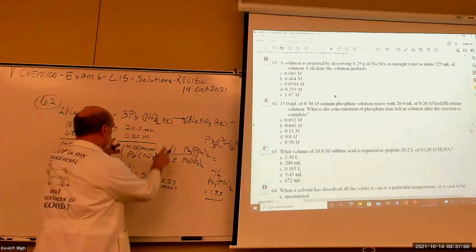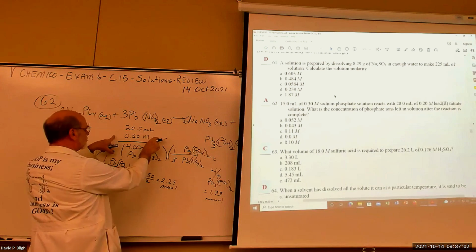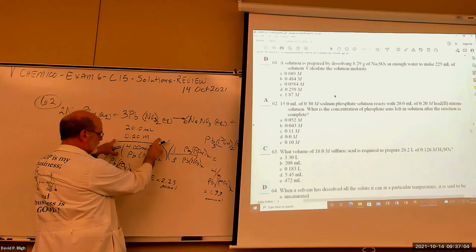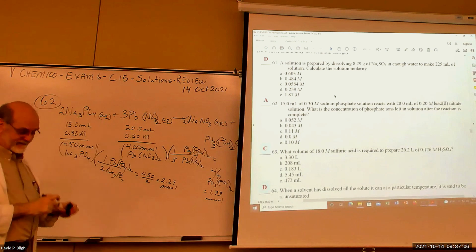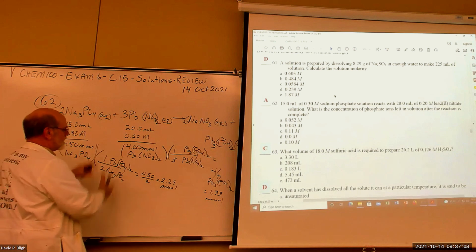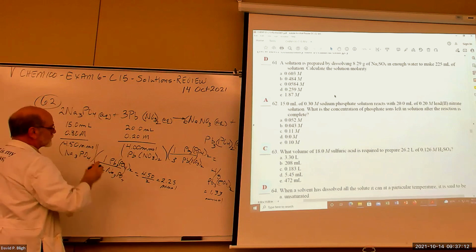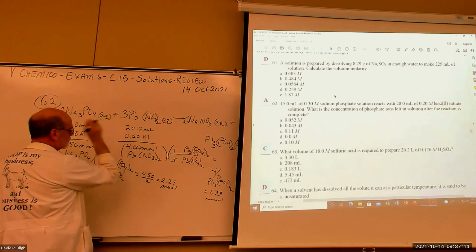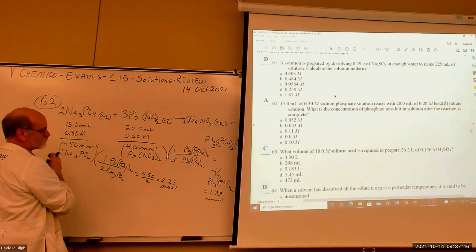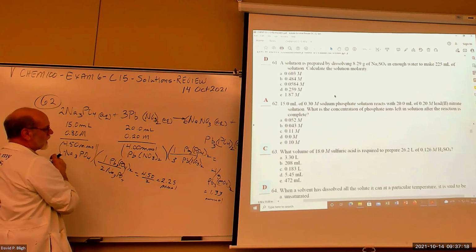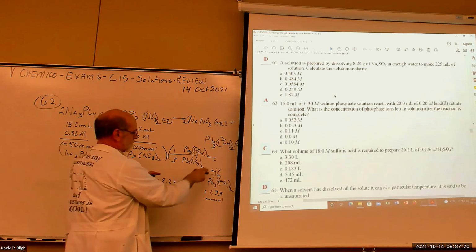Okay, so this one produces the least amount. All of this is used up. All of this one is used up. So it's used up in terms of how much phosphate is over here.